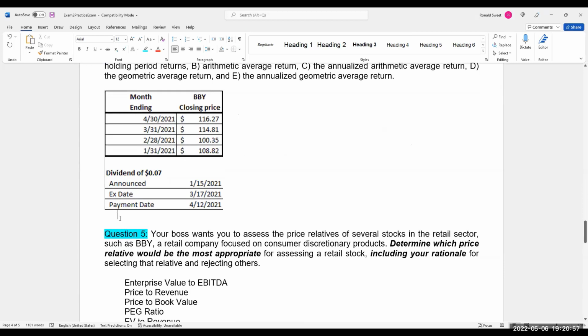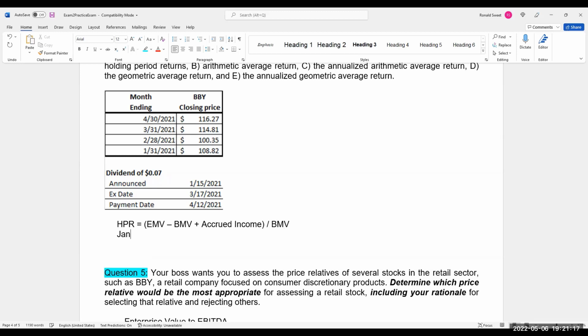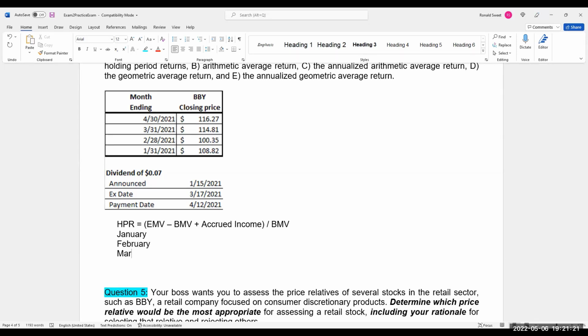The next one, pretty straightforward, a lot of calculating, but it's a good exercise. So we're going to say a holding period return equals ending market value minus beginning market value plus accrued income, divided by beginning market value. So for February and March, we're not going to actually do January.